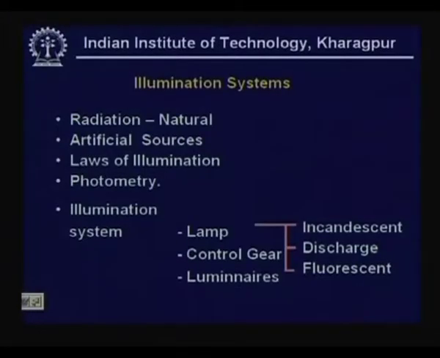So illumination systems are being looked at. The thing to be borne in mind is that the natural radiation due to the sun is what enables us to perceive things, and eyes are enabling us to perceive.